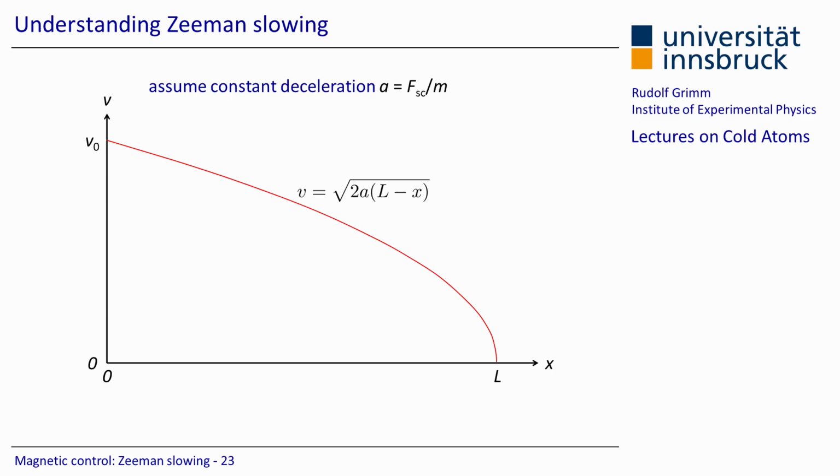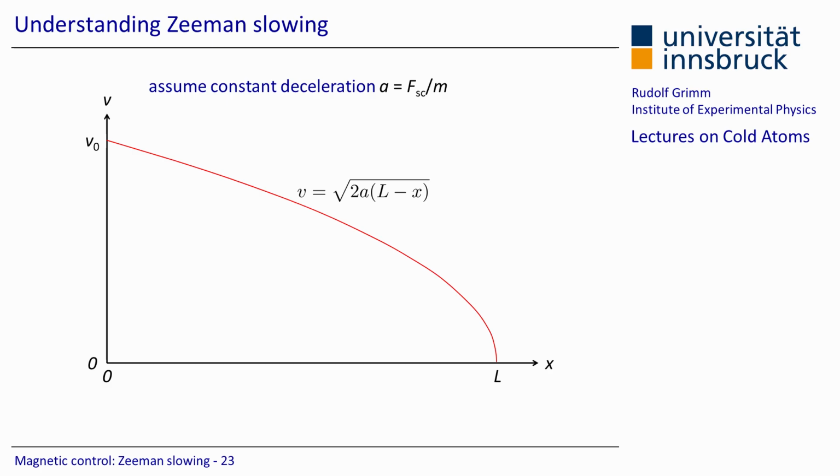First year physics tells us that the velocity as a function of position is described by a square root function: v equals the square root of 2 times a times (L minus x), where L is the maximum slowing distance and x is the position. We get this parabola type behavior.